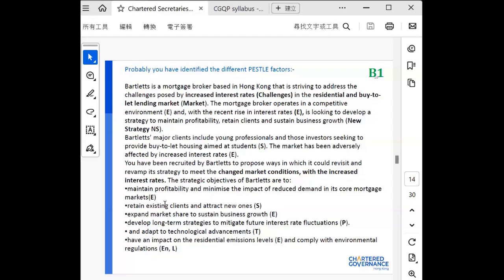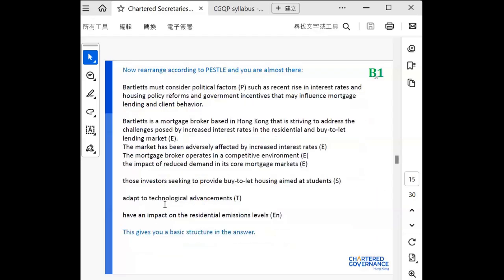So you rearrange some of the factors and that will give you an idea of the PESTEL analysis. You can see here the political factor, which is mainly the rise in the interest rate, housing policy reform and government incentives that may influence mortgage lending and client behavior.